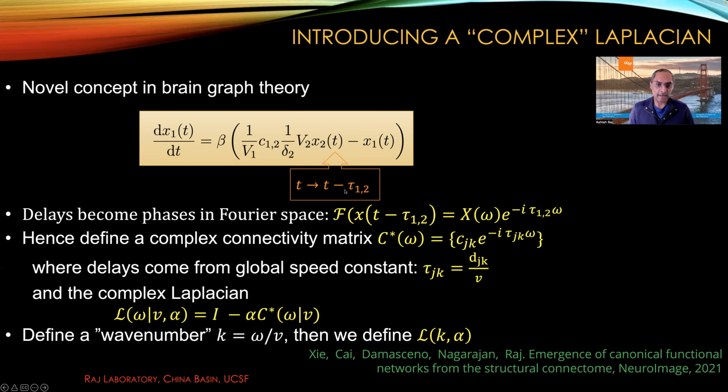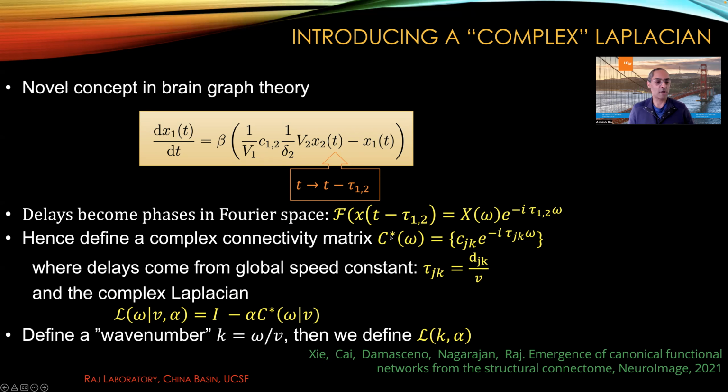Now, if you add delays, in Fourier space, delays become phases, as shown here. And therefore, you can define a complex connectivity matrix where the magnitude is the same as the real connectivity matrix, but they all have now a phase between brain regions that comes from the delays introduced by signal transmission.